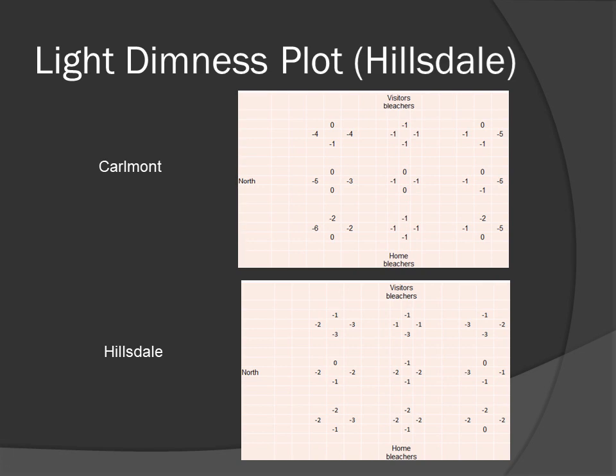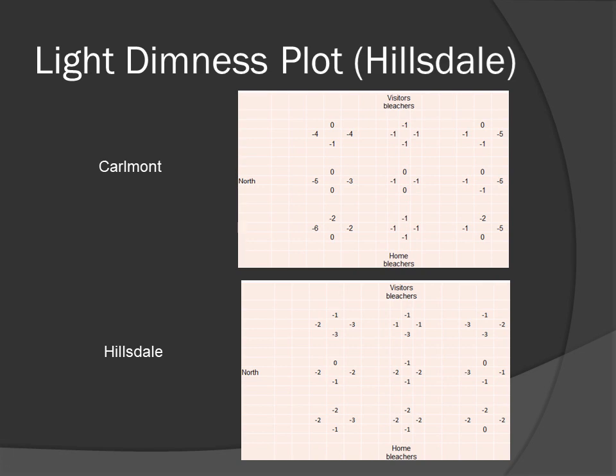Look at the top picture. -5, -5, -5. The bottom one, -2, -1, -2. So if you're shooting at Hillsdale, you can shoot from the end zone because they've got lighting there, and they're not putting the people facing the end zone in a deep shadow like they are at Carmont.